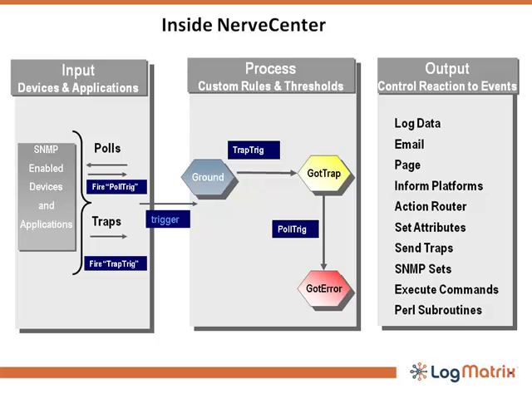We process our custom rules and thresholds and such when the triggers come in. In this particular case, we were looking for a trap trigger. When it came in, it moved the alarm off of ground to the first state, the state in yellow called got trap. The fact that it says it's a trap trigger tells me it was from a trap mask.